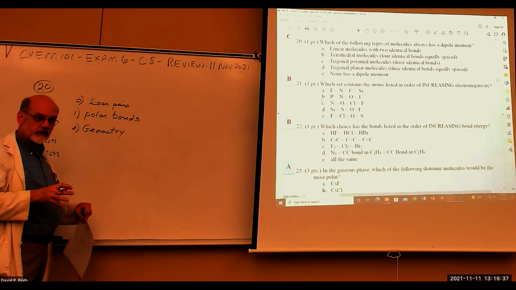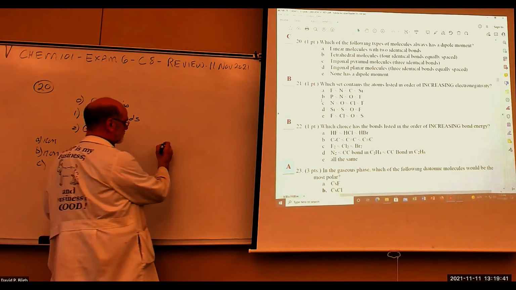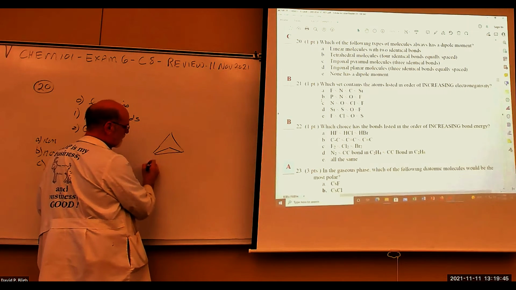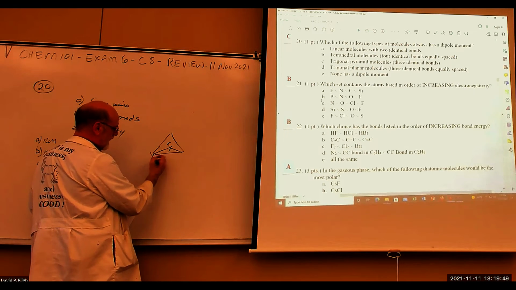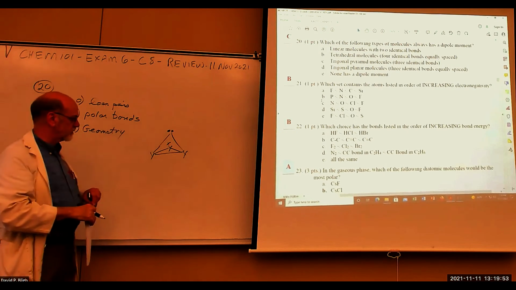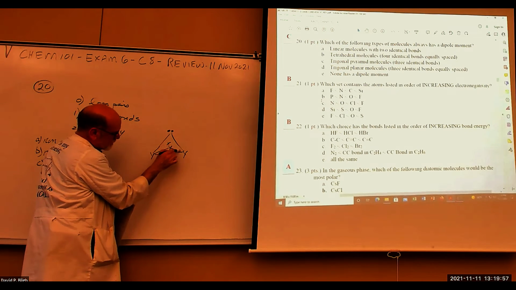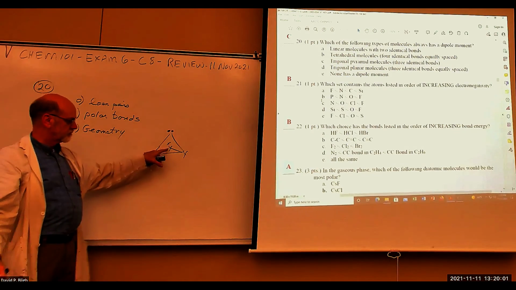The only way to get a trigonal pyramid is to start with the tetrahedron. You have something in the middle, and then you have an atom there, an atom there, an atom there, and a lone pair up there. Then, if you cover that up, you have a trigonal pyramid there.